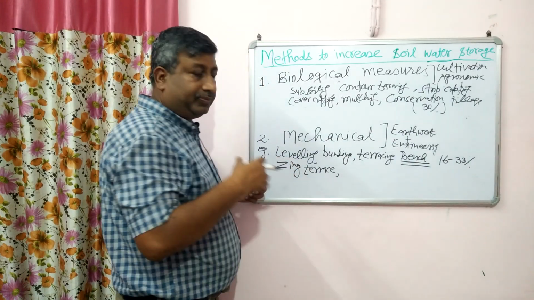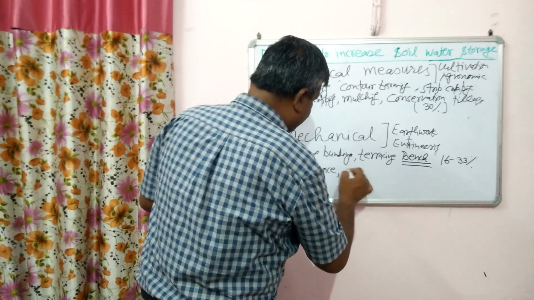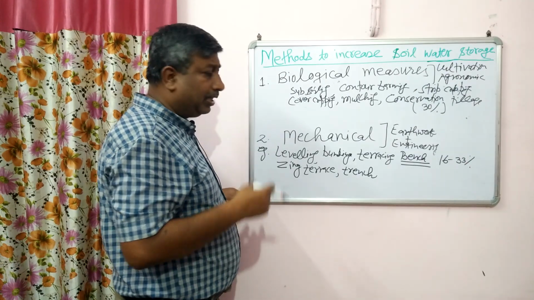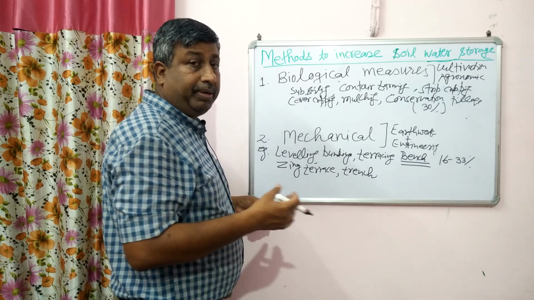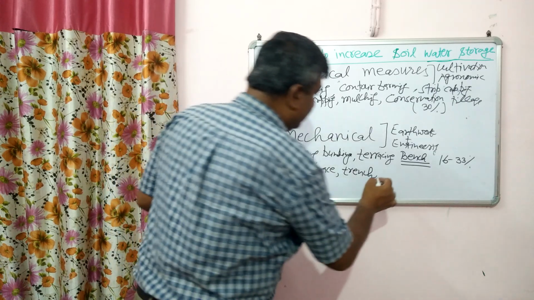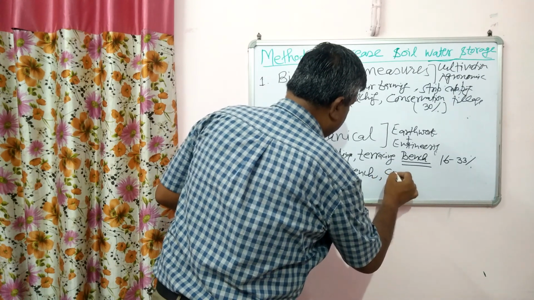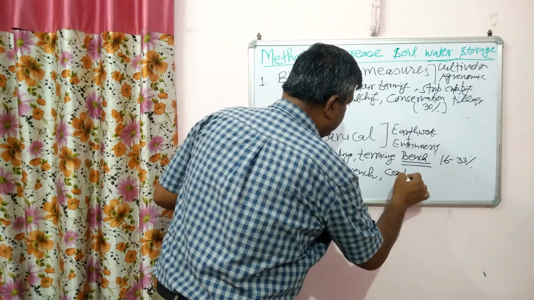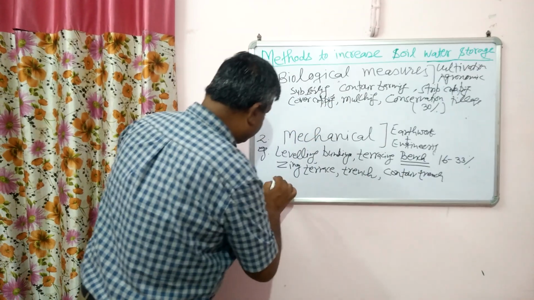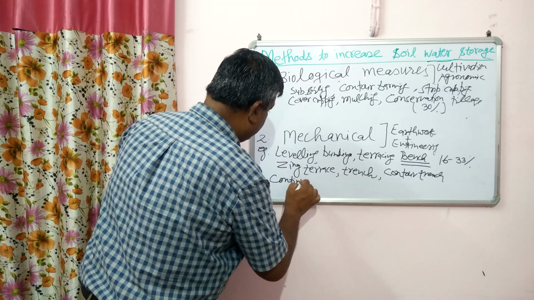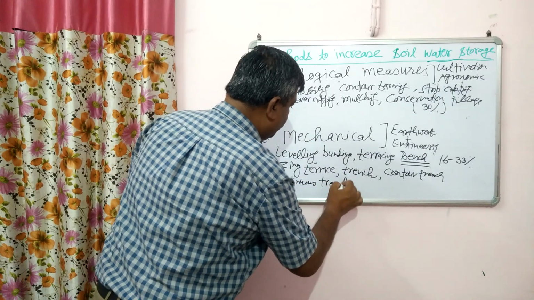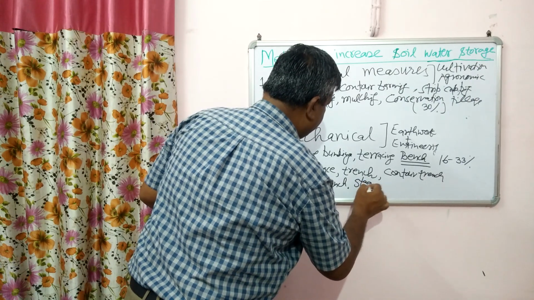And other structures, maybe trench formation, and these trenches are constructed across the slope, maybe contour trench, maybe continuous trenching, maybe staggered trenching. So contour trench, continuous trench, and staggered trenching.